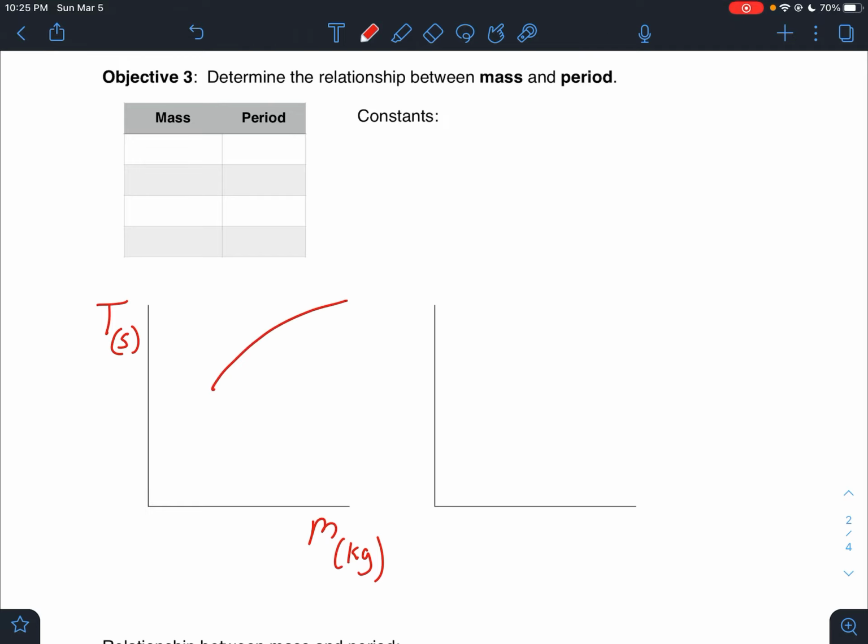Something like this. Or something else that we can do is have that discussion of, if you did have no mass, no hanging mass on the spring, and you displaced it, you pulled it down some amplitude and let go, there would be no period. It would not oscillate. It would not return back to where you let it go.